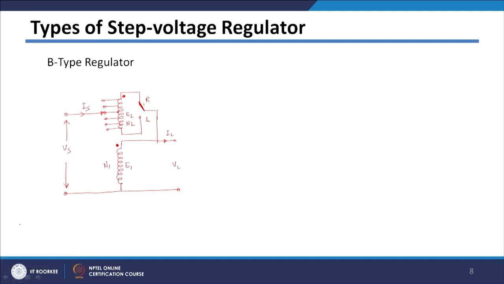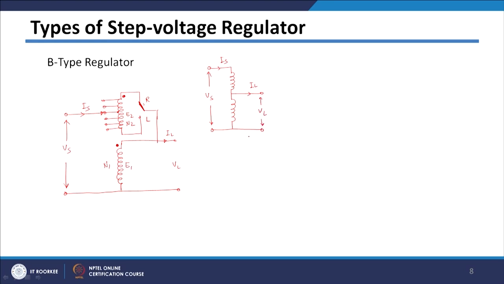So, if you draw this diagram here, it will be something like this, where this is your Vs and this is your Is, this will be IL, VL. So, this voltage is your VL.